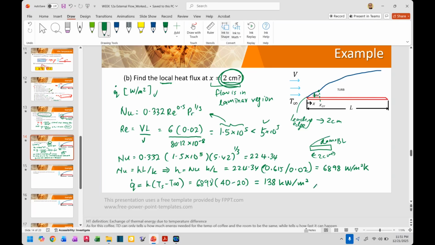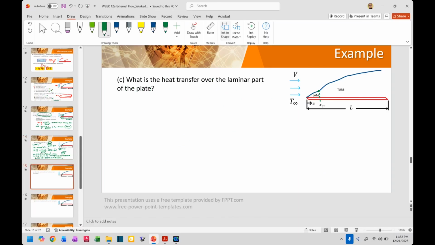Okay, we move on to question C, right? What's the heat transfer over the laminar part of the plate? Now, the laminar part is covered from the distance 0 until 0.067 meters, right?